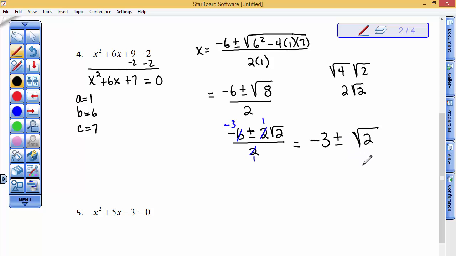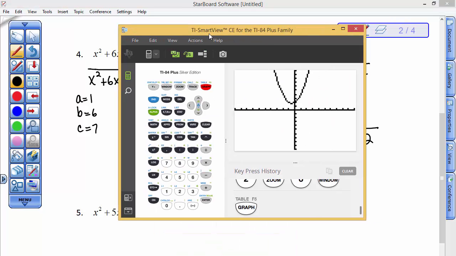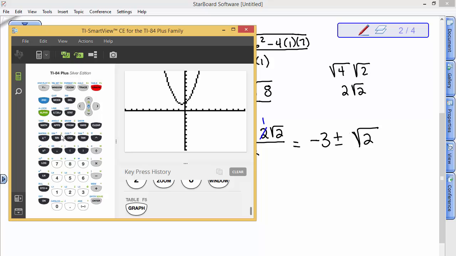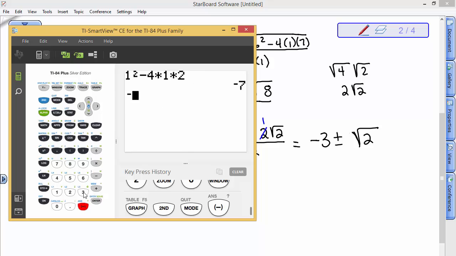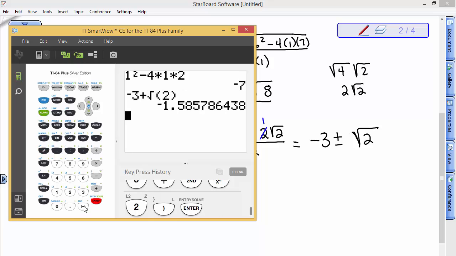So 2 answers. And if I wanted to know what those numerical values are for physics, I would just type negative 3 plus the square root of 2 to get one of them, and negative 3 minus the square root of 2 to get the other. So I have two negative answers for this, negative 1.58 and negative 4.414.